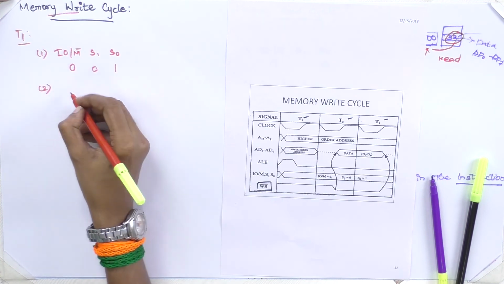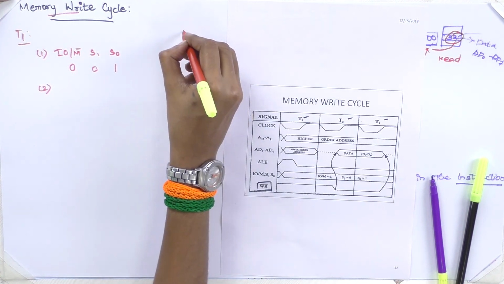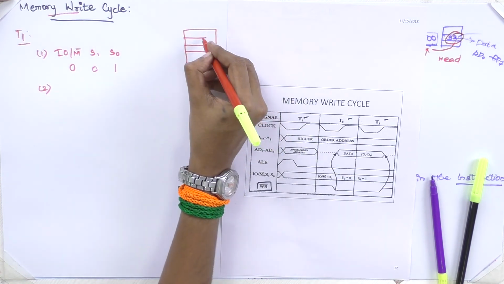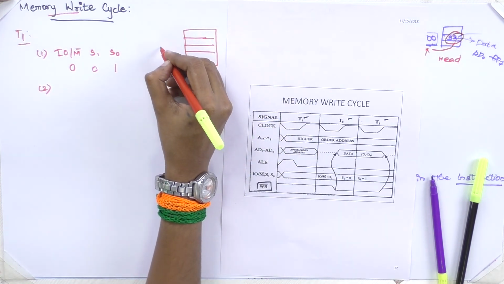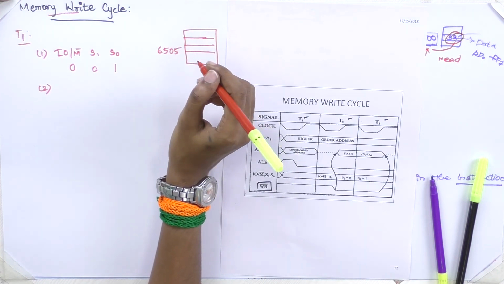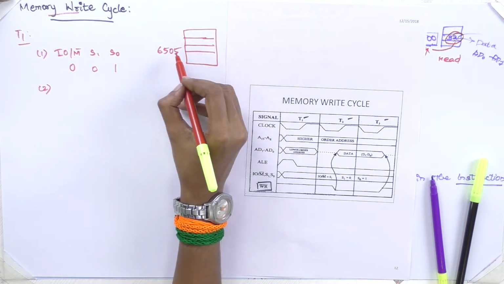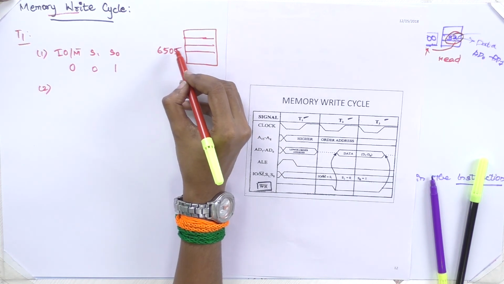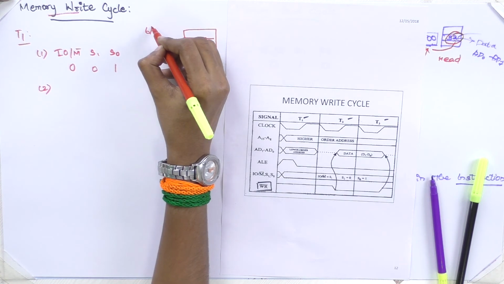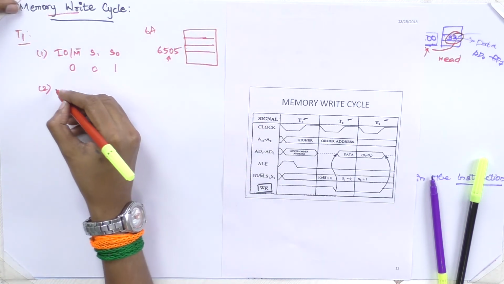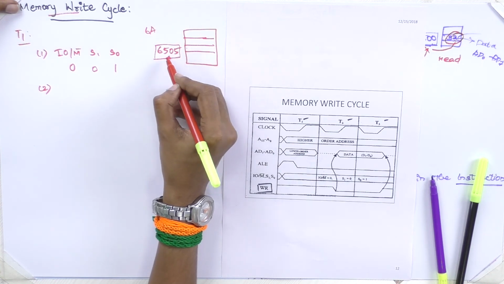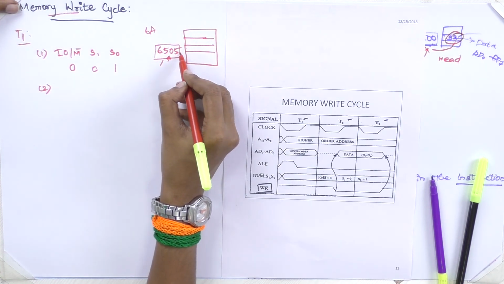Then, for example, you are going to give a value to the memory location 6505. Okay, consider this: you have to write a value of 68, for example, in this location.